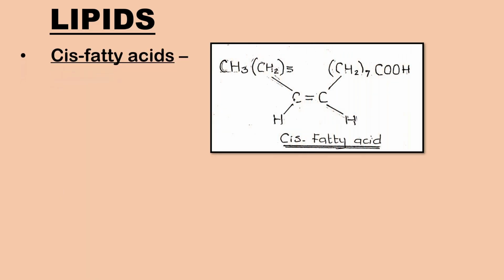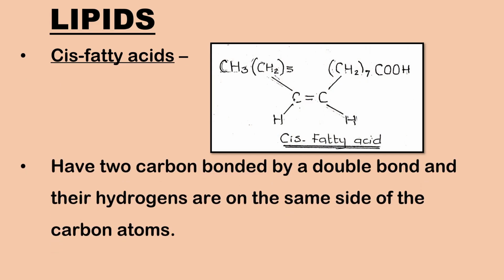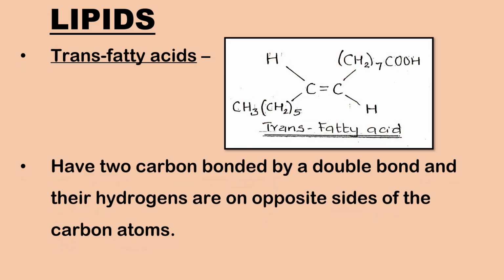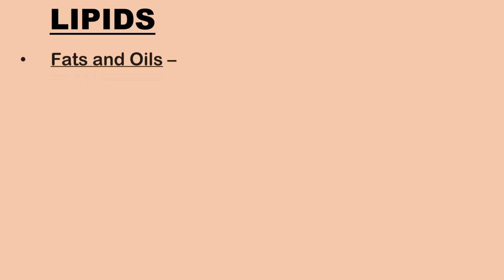Cis fatty acids have two carbon bonded by a double bond, and their hydrogens are on the same side of the carbon atoms. Trans fatty acids have two carbon bonded by a double bond, and their hydrogens are on opposite sides of the carbon atoms.